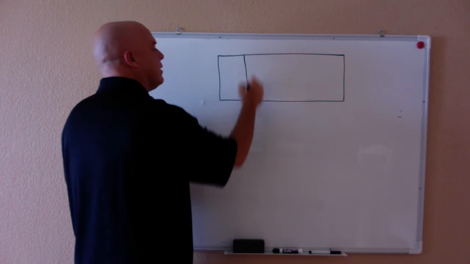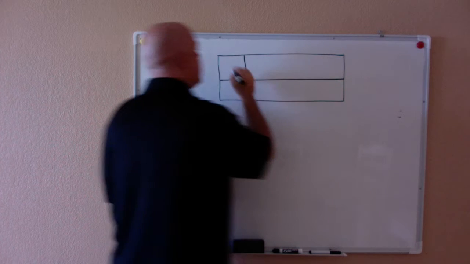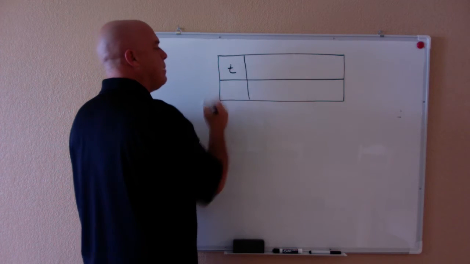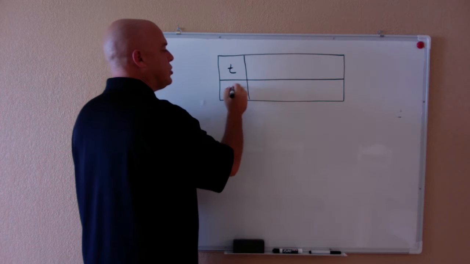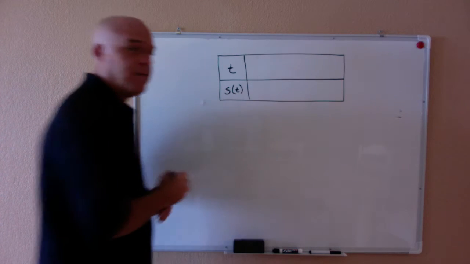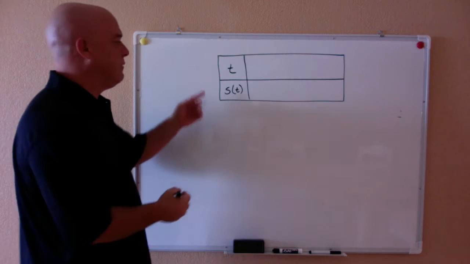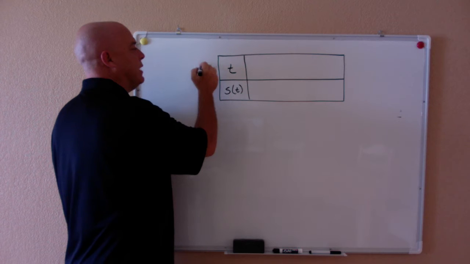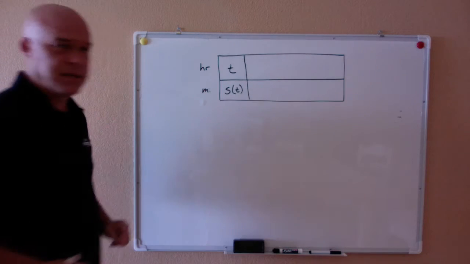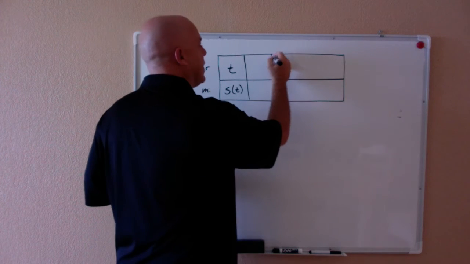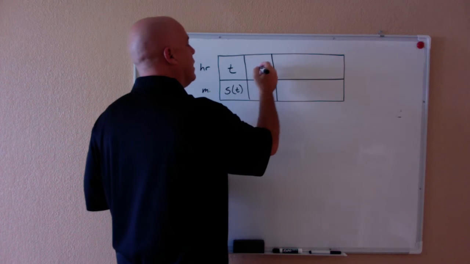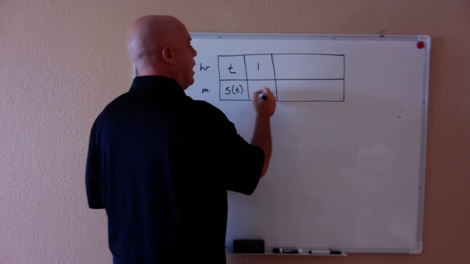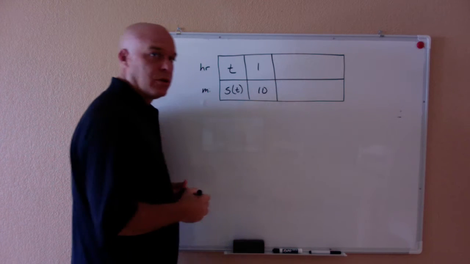Let's say that we've got a car that's moving in time, and the position of the car, we'll call that function s of t, is given in miles. So t is given in hours, s of t is given in miles, and let's say that after 1 hour, the car's position is 10 units to the right.